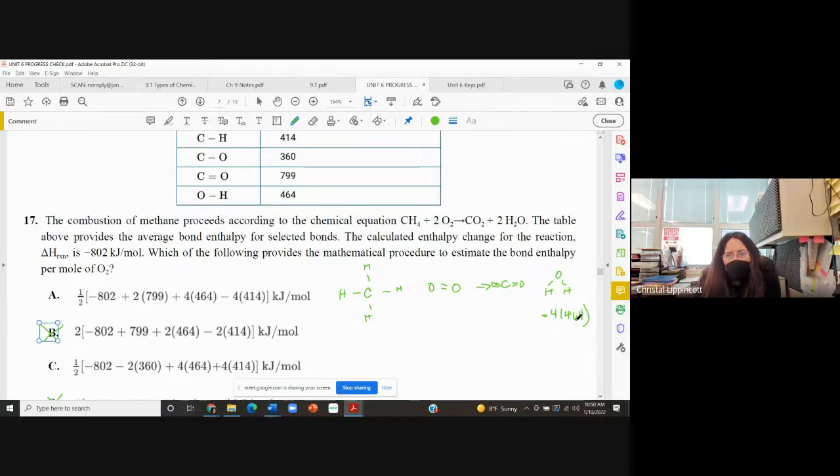$464 broken minus formed. Broken minus formed. Yeah, they have a positive here. That's what I'm thinking.